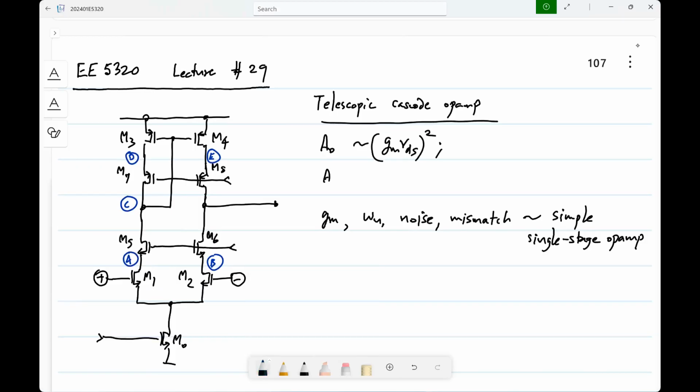So you have poles at these, which are called the cascode nodes A, B, D, and E. The one at C would have been there even in the regular op-amp.